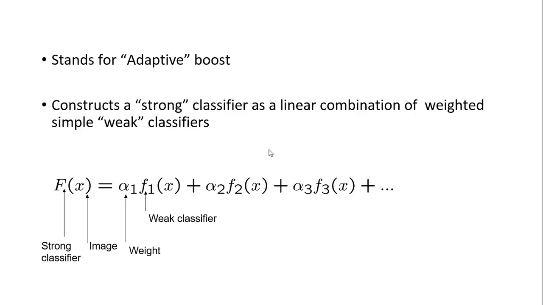Alpha 1, alpha 2, alpha 3 are just the weighted scalar units that will be discussed later on, whereas F1, F2, F3 represent the weak classifiers. So the strong classifier is actually equal to the sum of the product of the weight and the particular weak classifier.